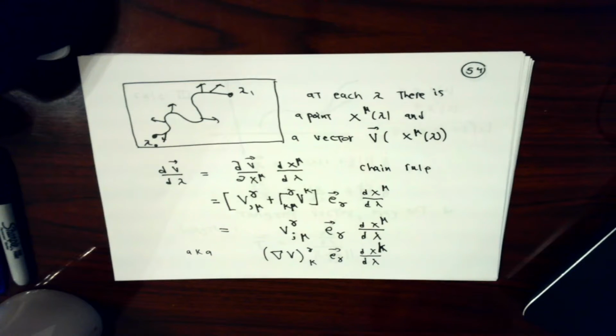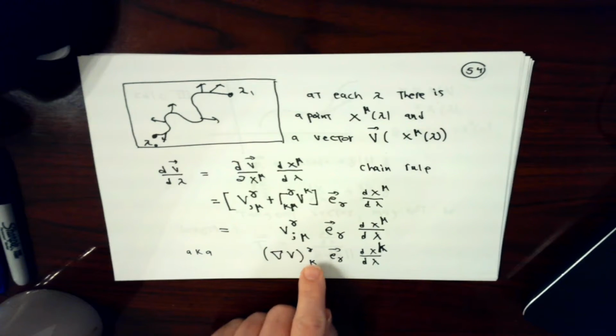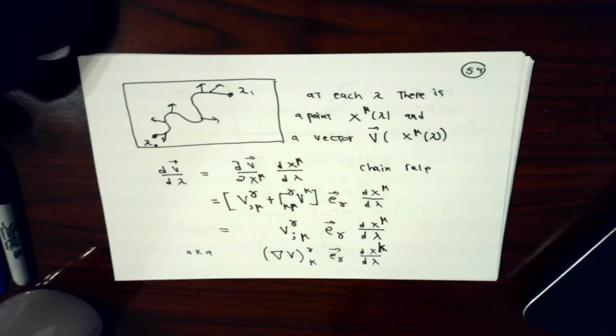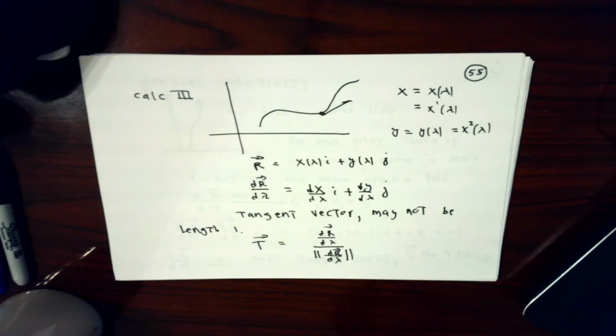In one of the other video lectures, I asked, do the gamma kappa components of the covariant derivative of a vector form the components of a 1-1 tensor? I'm not going to answer that question, so we'll look ahead.